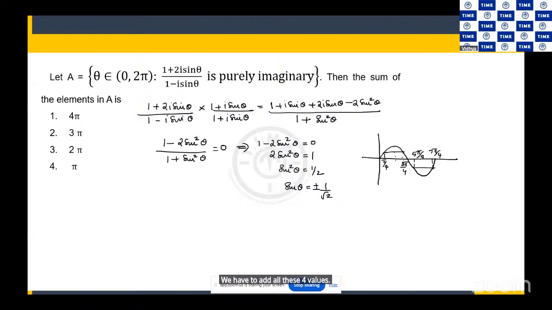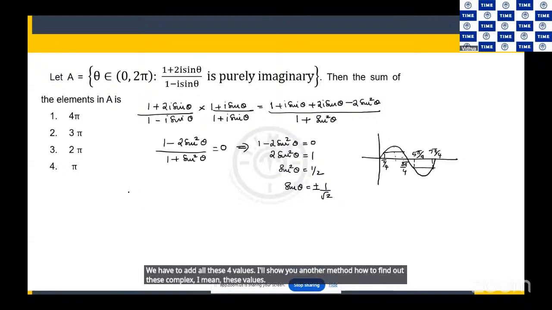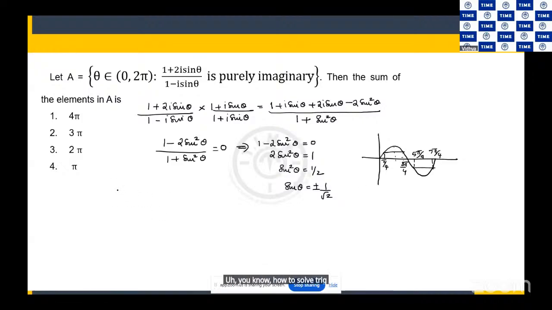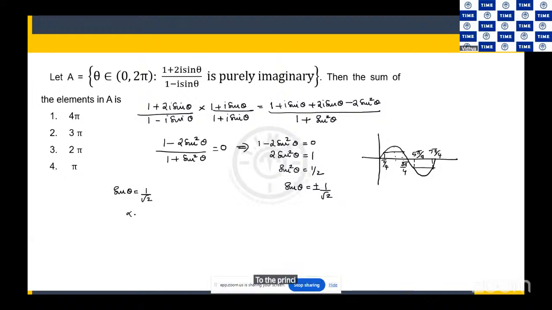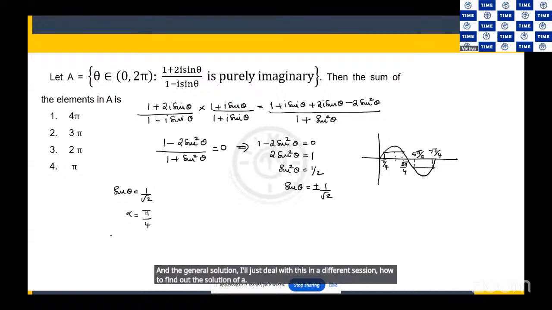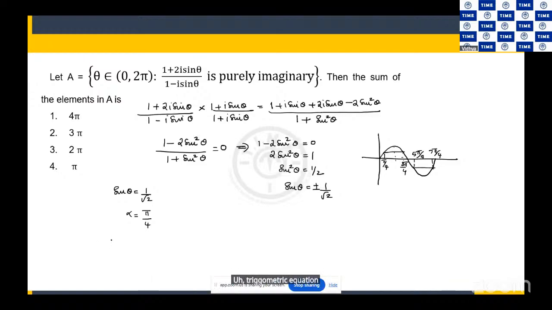I'll show you another method to find these values. If sin θ equals 1/√2, the principal value is α = π/4. How to find the solutions of a trigonometric equation, we'll deal with in a different session.